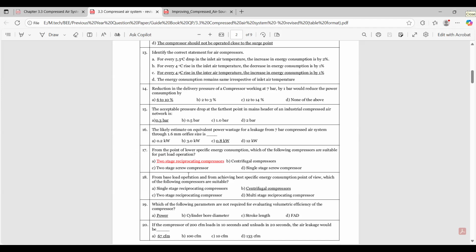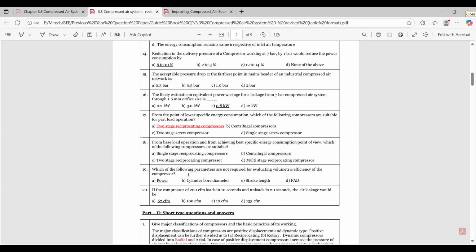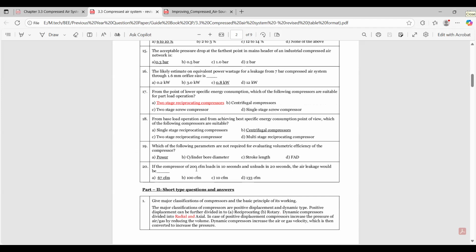For volumetric efficiency, you do not require power. If a compressor of 200 CFM loads in 10 seconds and unloads in 20 seconds, the air leakage would be 10 divided by 10 plus 20, which means 10 divided by 30, 1 by 3. 1 by 3 into 200 is around 66 CFM.